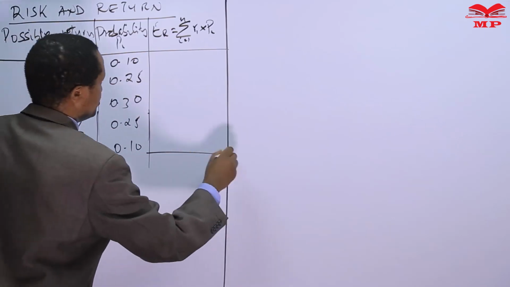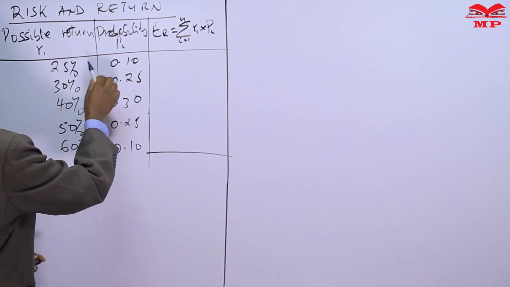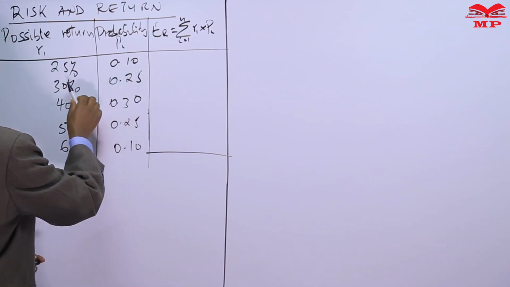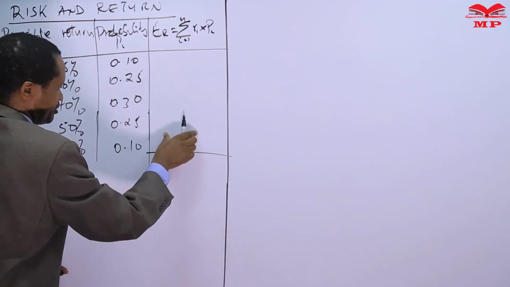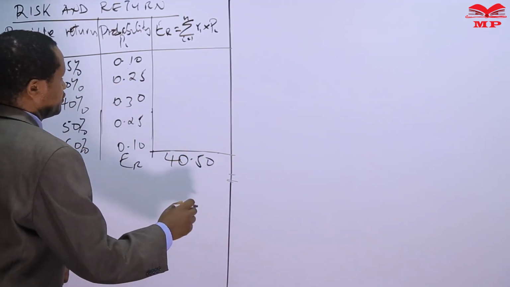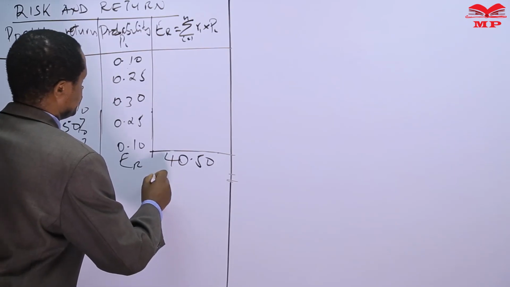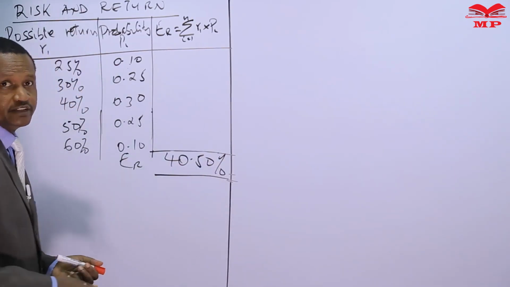Then we multiplied each possible return by its probability and summed, and came up with a total of 40.5%. That is the expected return.